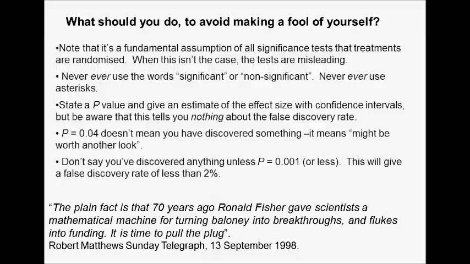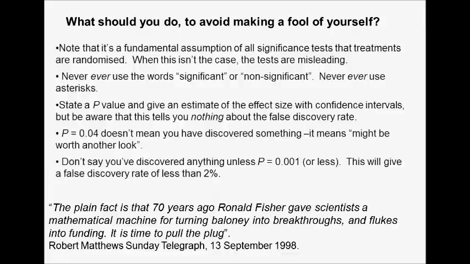So the conclusion of this talk is that the greatest statistician of the 20th century, Ronald Fisher, probably had it wrong when it came to doing tests of significance. He really was a towering figure, both in theoretical statistics and experimental design.